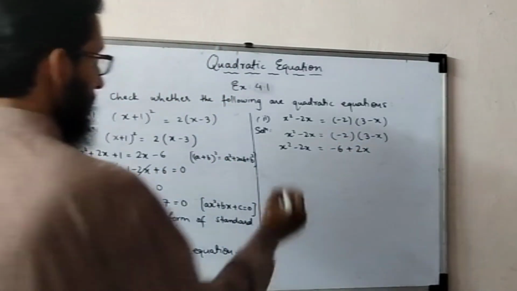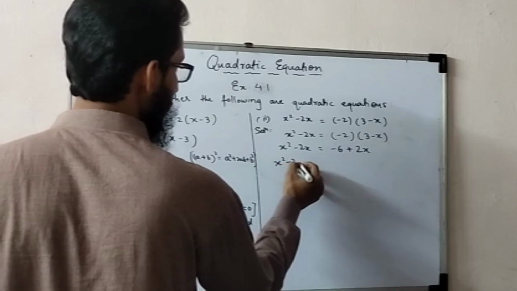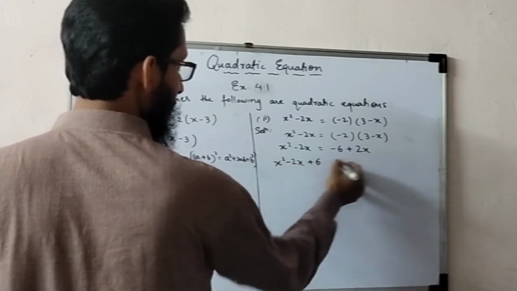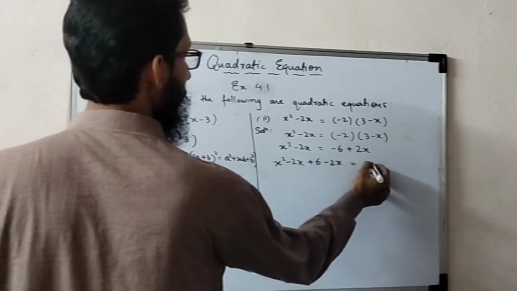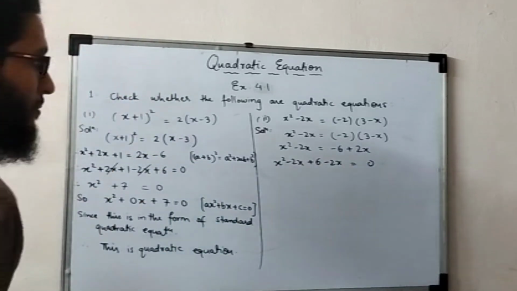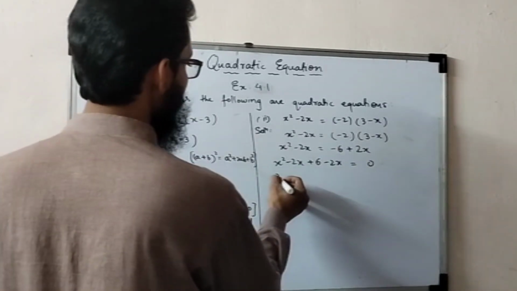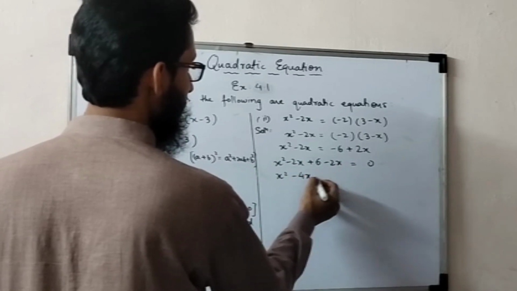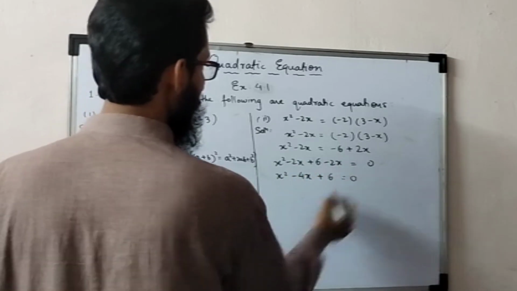Now we will arrange this. So x square minus 2x will remain the same. This minus 6 comes here and becomes plus 6, and this plus 2x becomes minus 2x, equal to 0, because on the right hand side nothing is left. Now x square, minus 2x minus 2x is minus 4x, plus 6 is equal to 0.